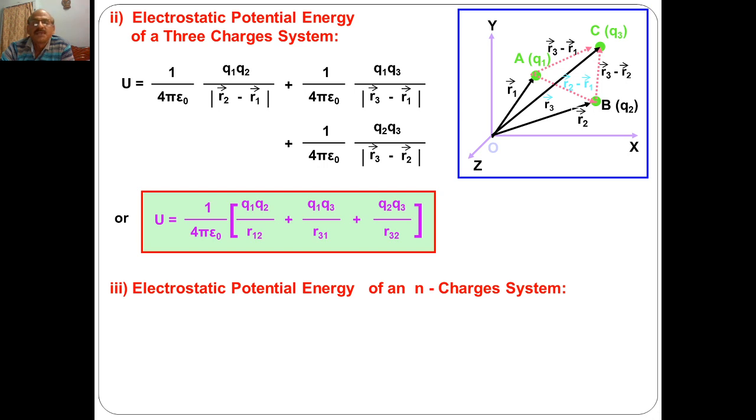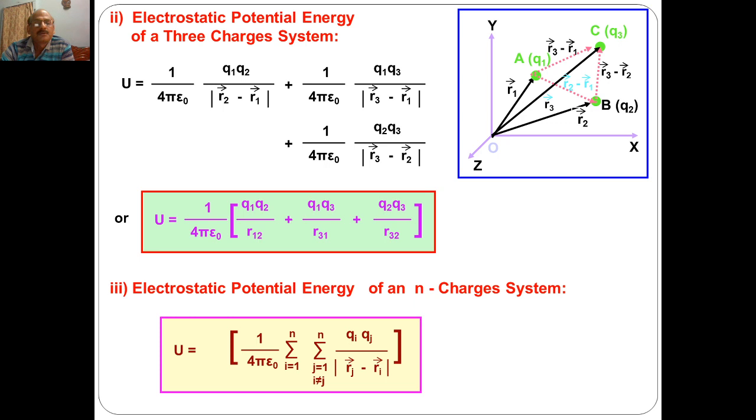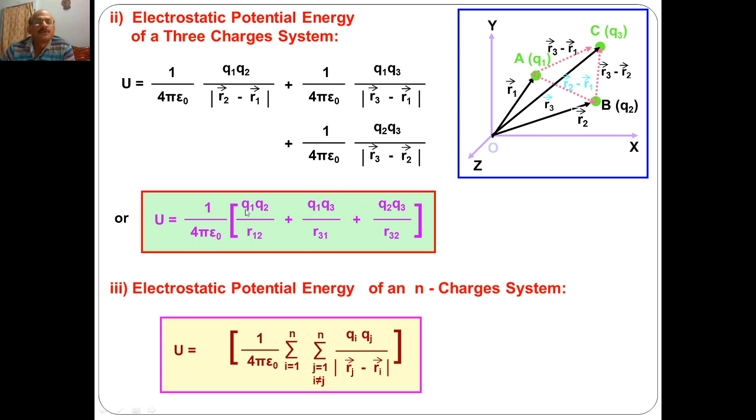Similarly, we can extend our discussion for n charges system, and we will get the formula for n charges as here. If we see this formula, U equals 1 by 4 pi epsilon naught, q1 q2 by r12, then 1 3, 2 3, and so on.